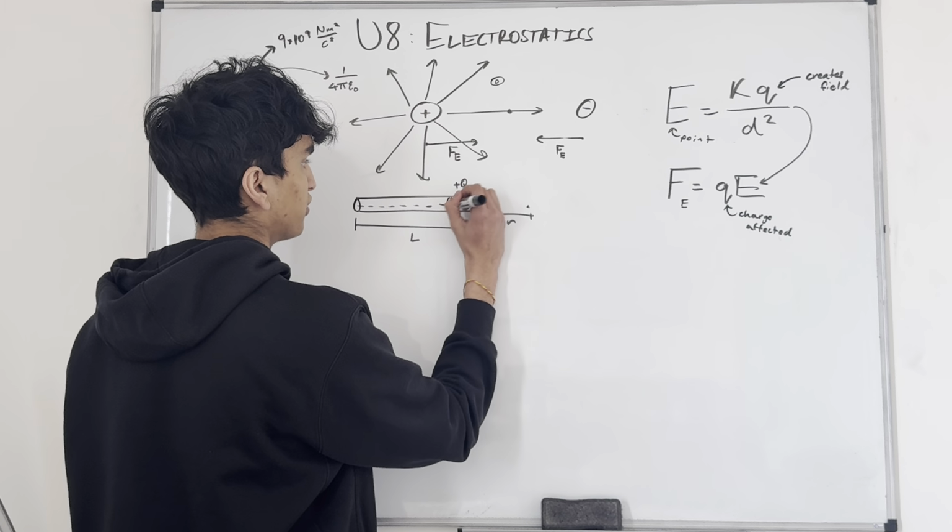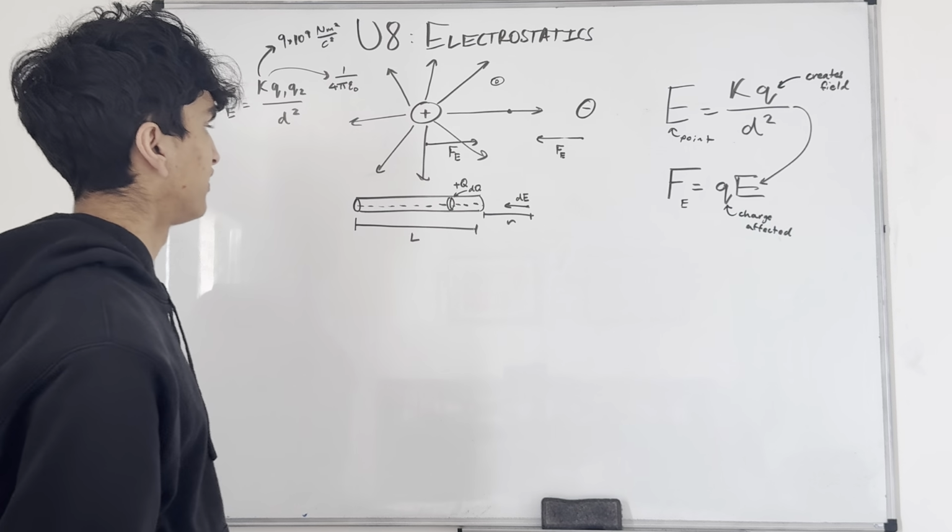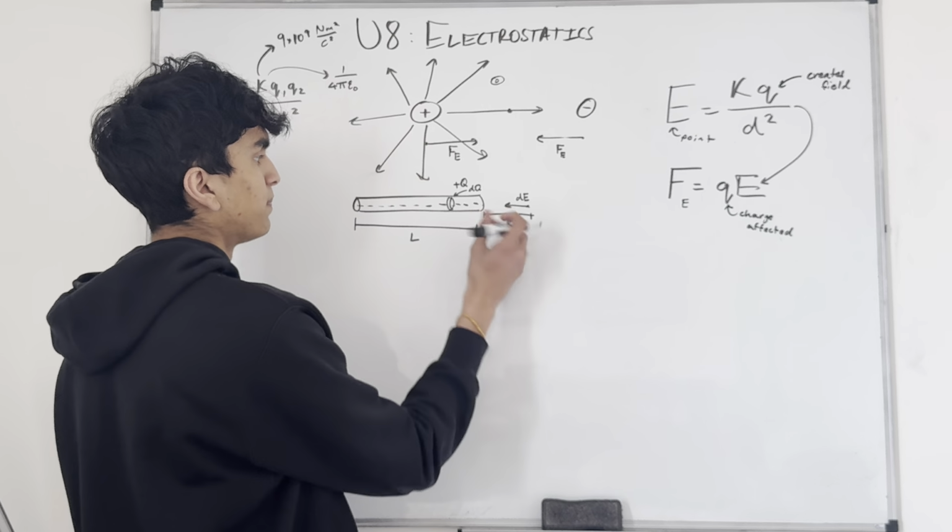And it points towards the rod because negatives have electric field pointing towards the rod. So in this case, along this x-axis, if this was our origin and this was a distance x away from that point, well, the electric field will just equal, I'll make this a little bit bigger.